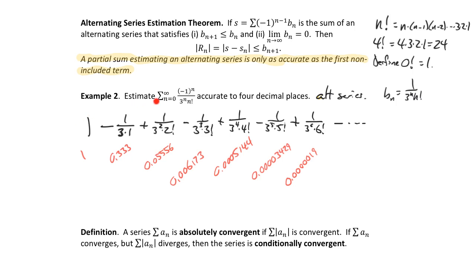If I add the first 4 terms, how far off could I be from the actual value? I could be 0.0005 off of the actual value. I want to be accurate to 4 decimal places. So if I look here at the 4th, where it's 1 over 3 to the 4th times 4 factorial, that's got a 5 in that 4th decimal place.